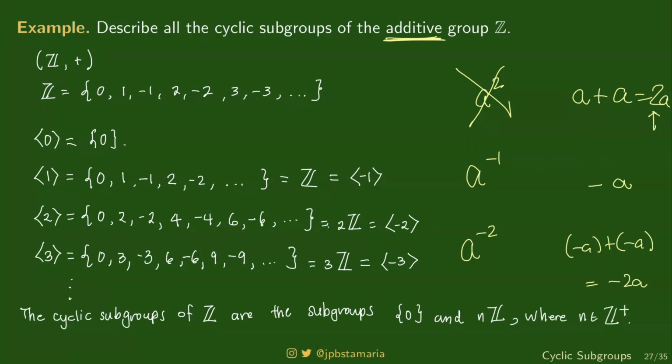When you say NZ, ito yung mga multiples ng N. Wala nang iba. Wala nang ibang cyclic subgroup, di ba? Yan lang lahat. Yung singleton 0, which is the one generated by 0. So, pag may positive integer na N ka, kunin yung mga multiples ng N. Yun yung subgroup generated by N.